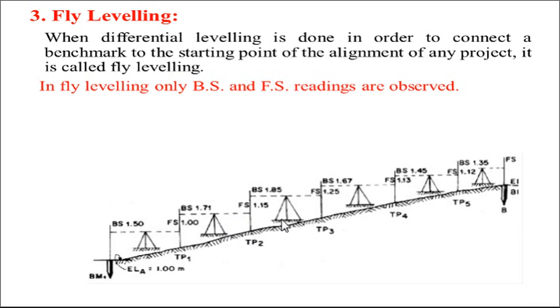The instrument is shifted to a new position and after leveling, backsight is taken, foresight is taken. Similarly, we continue the work until the last point is reached, and then we connect the benchmark to this point B. This is called fly leveling.